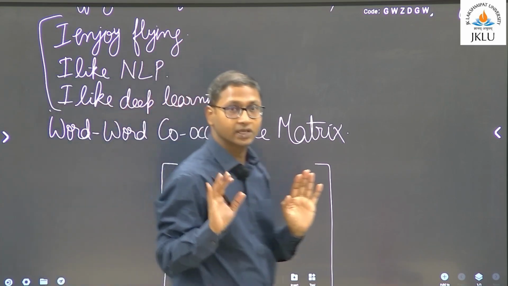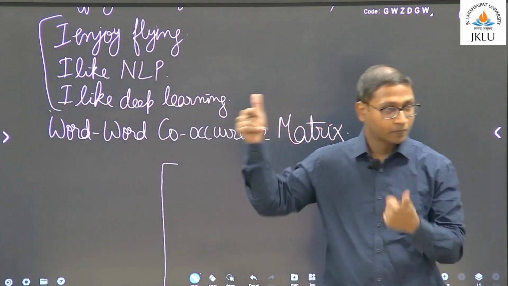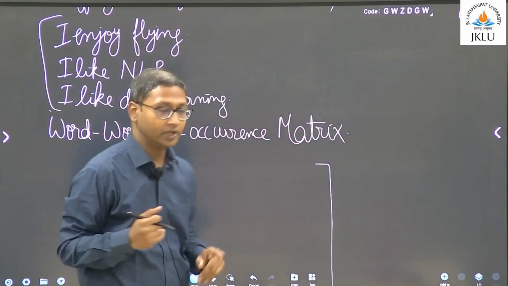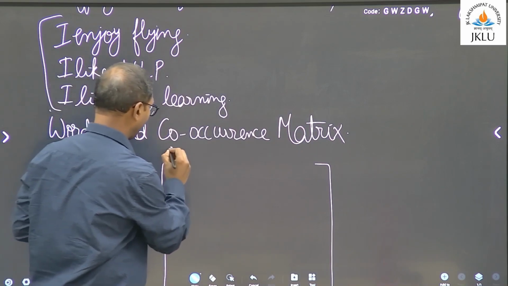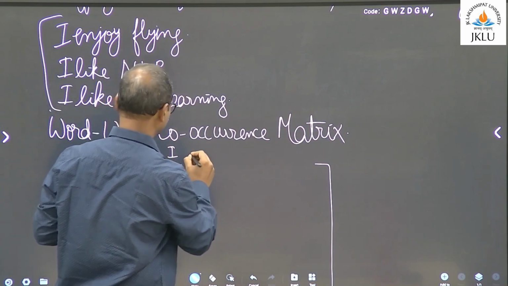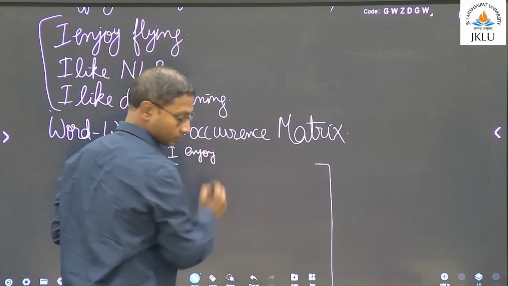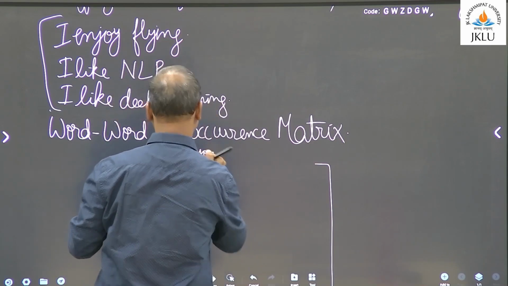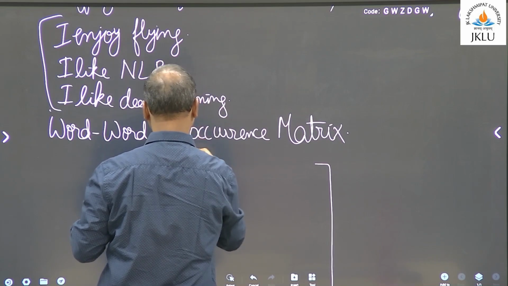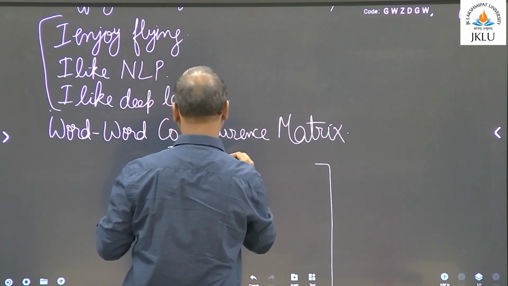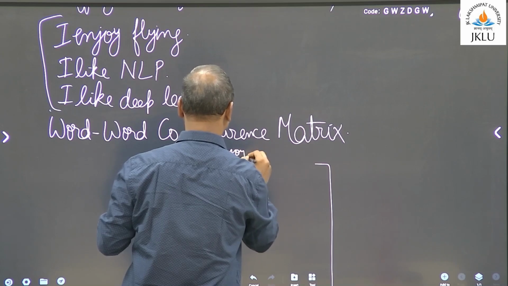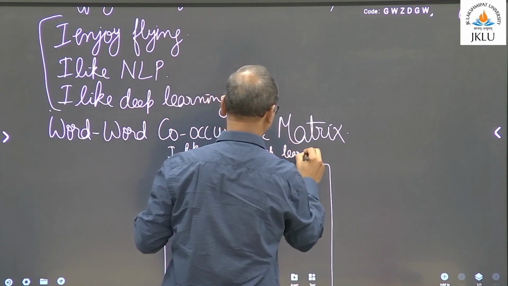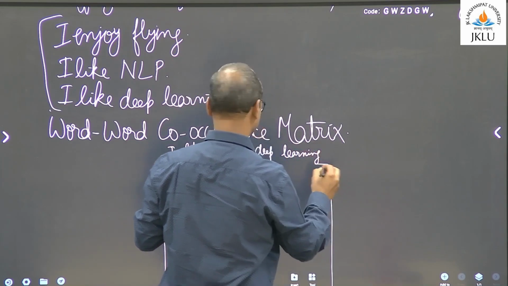Everybody knows the corpus is different from the vocabulary, because in the vocabulary every word occurs only once. So I, like, enjoy, deep, learning.